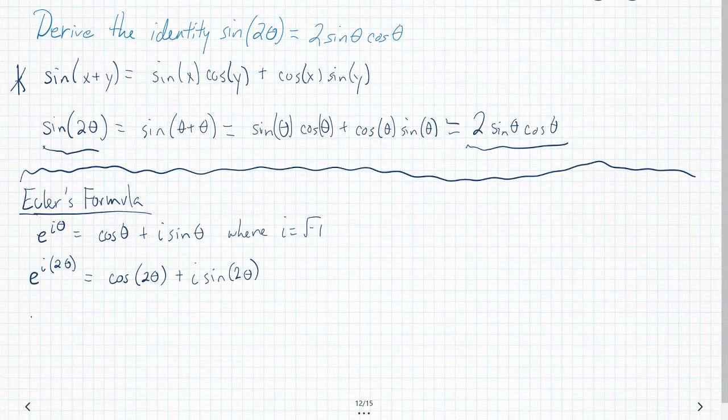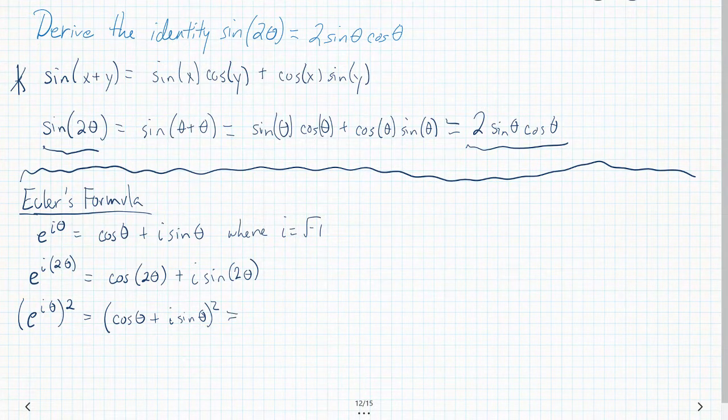But the beauty of Euler's formula is we can write these things in different ways. You can rewrite this as e to the i theta, the quantity squared, just by properties of exponents. If you're comfortable with those exponential functions, you can really start to work with some stuff here. And so you get cosine theta plus i sine theta, the quantity squared. Okay, now what the heck does this do?